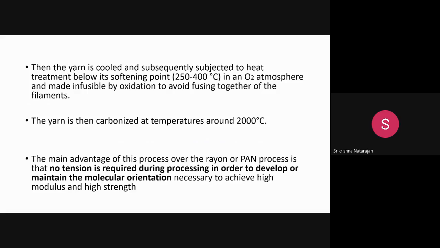In this carbonization, you can perform it without any kind of stretching, so this is an advantage where without applying any tension or stretching, you will be able to develop the molecular orientation for obtaining the required modulus and high strength. Okay, so this is an advantage when compared with the rayon or PAN process. In the rayon or PAN process, we apply tension and apply stretching. Here we do not do it. We just directly do the carbonization and we obtain it.